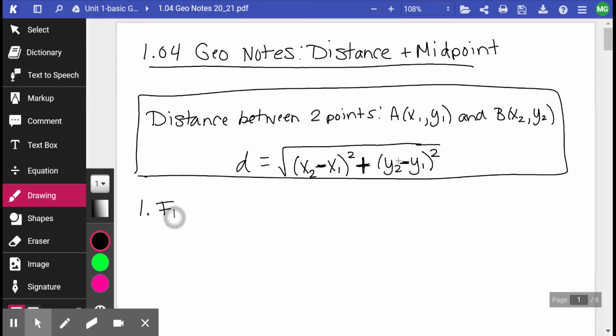Now, when you are given two letters without a segment bar on top of them, like this one that says find IS, that means find the length of it. So using the distance formula, find the length if there's no segment bar on top of the two letters.